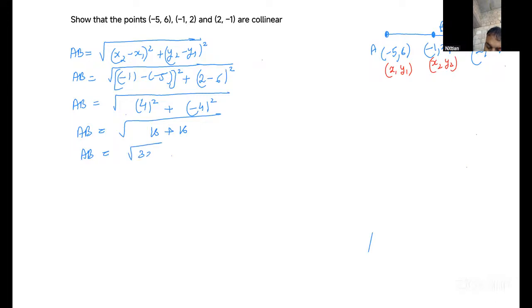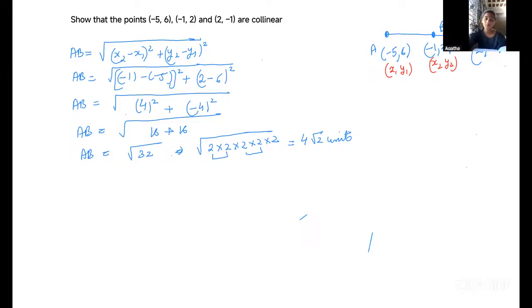If I simplify it, 32 can be written as 2 multiplied by 2 multiplied by 2 multiplied by 2 multiplied by 2. From this, a pair comes out and only 2 is left behind, so it becomes 4 root 2 units. Did you understand? Betya, Miracle, turn on the camera, please. Did you understand, guys?